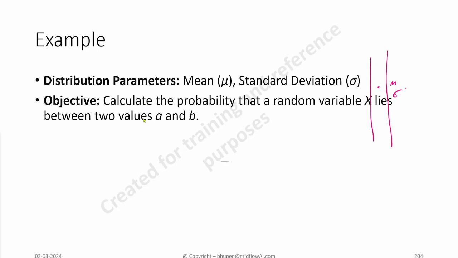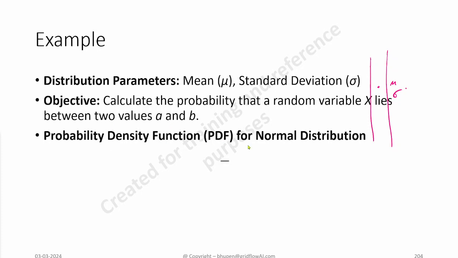The objective is to compute the probability that the random variable x lies between 2 points, A and B. The probability density function for a normal distribution is characterized by the famous formula here, where the mean and standard deviation are used for that column. X is the individual values in the column.